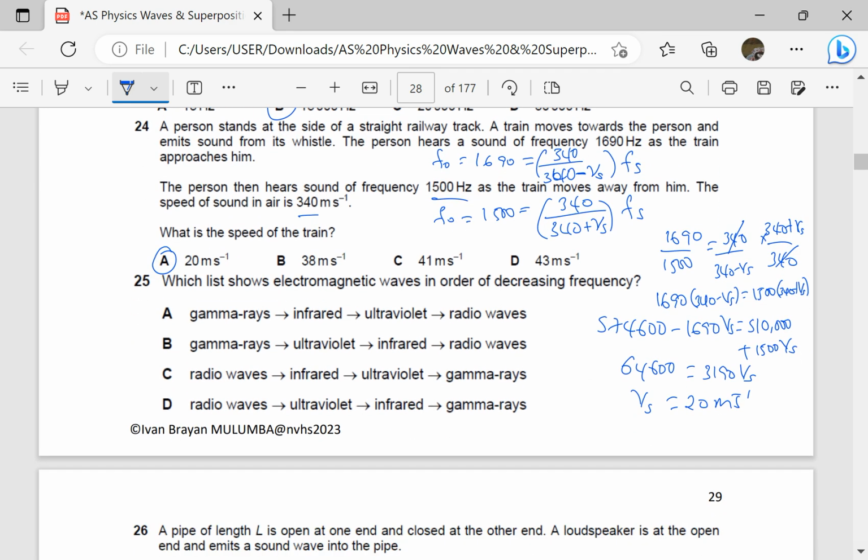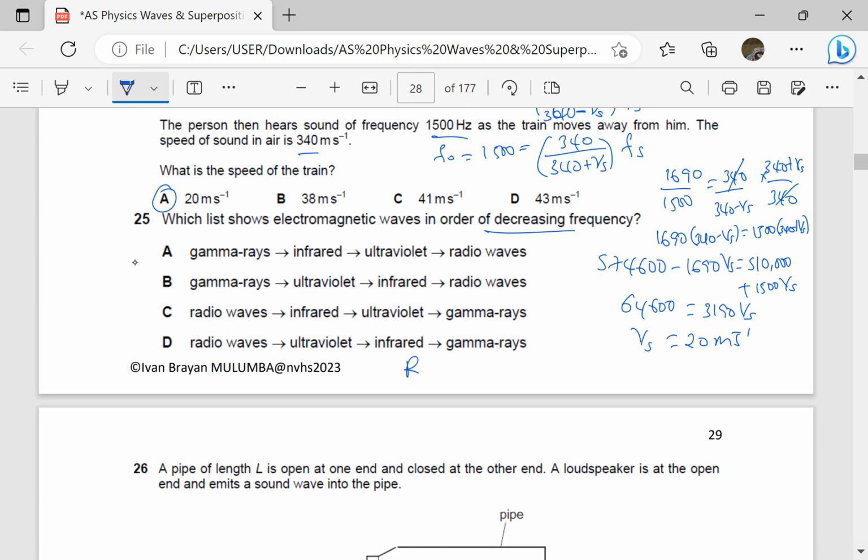Which list shows electromagnetic waves in order of decreasing frequency? Richard's mother is visiting Uncle Xavier's garden. So this is increasing frequency. This is decreasing frequency. Frequency decreases this side. So here frequency is decreasing. Okay.